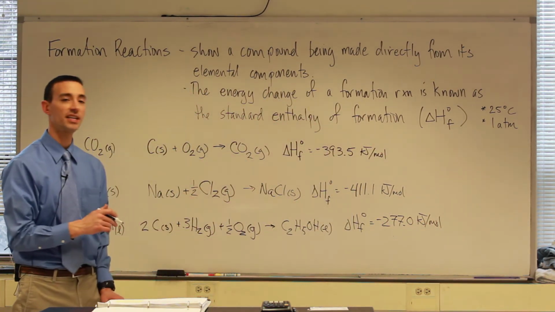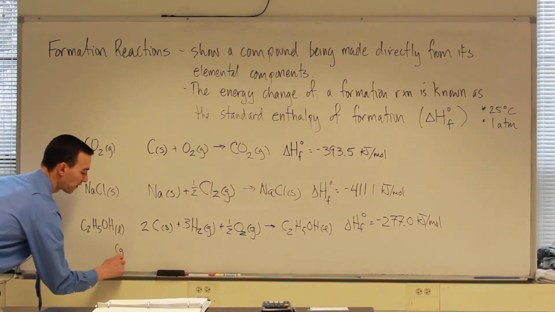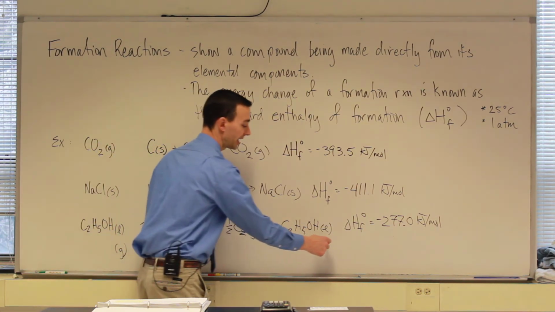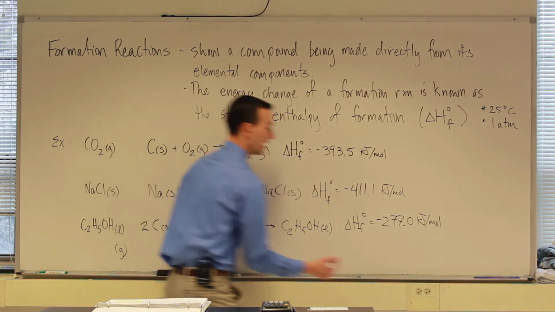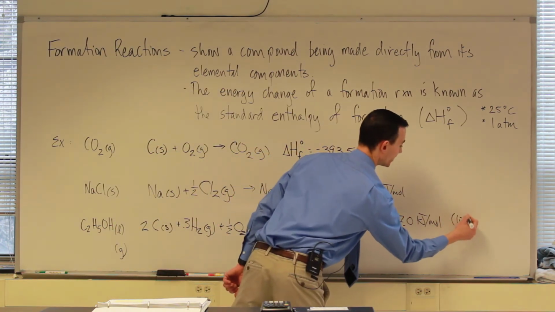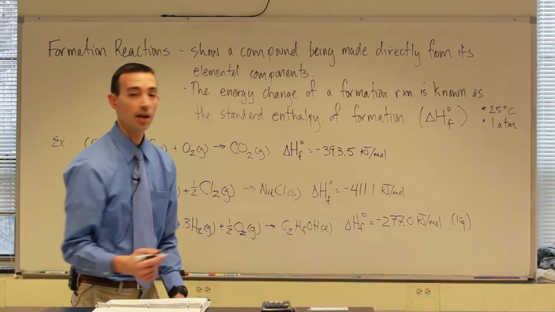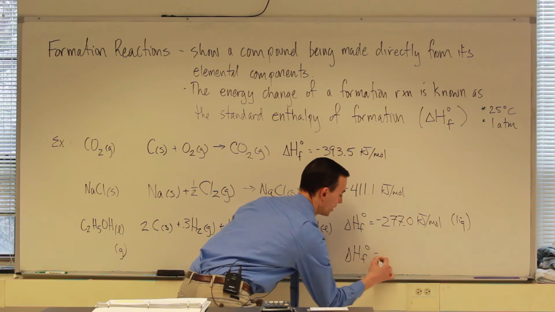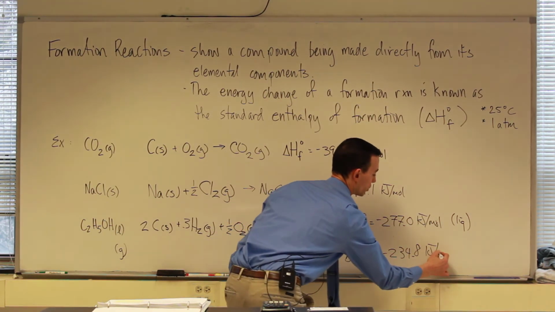Now the phase is particularly important because ethanol could also be formed in the gas phase. The reaction would look exactly the same, except that you would form the ethanol in the gas phase. In the liquid phase, as I've just given it to you, the enthalpy of formation is negative 277. But in the gas phase, the enthalpy of formation is negative 234.8 kilojoules per mole.